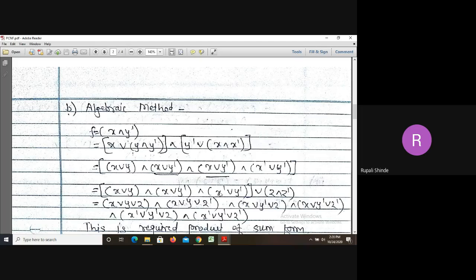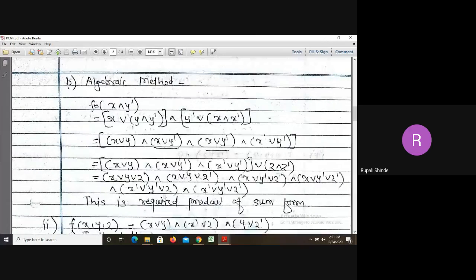Again next, x complement or y's complement or z, and x complement or y's complement or z complement. So all these are the max terms, and now we have to connect all these max terms by the and symbol. That is given here because each and every term is connected by the and symbol. So this is the required product of sum form.